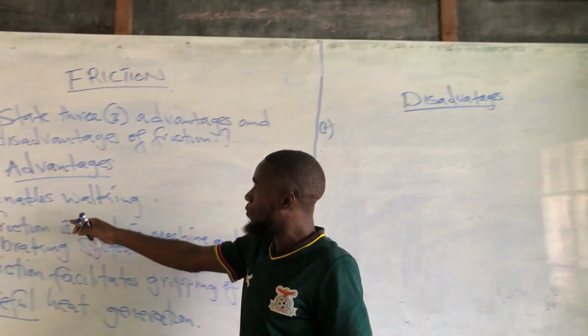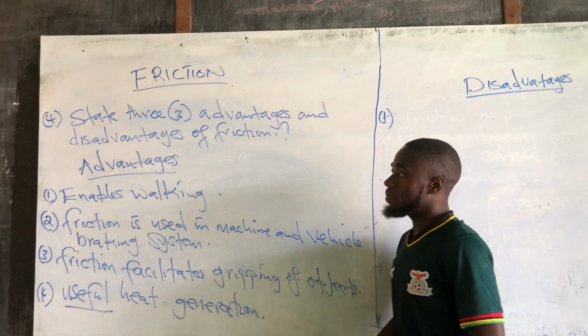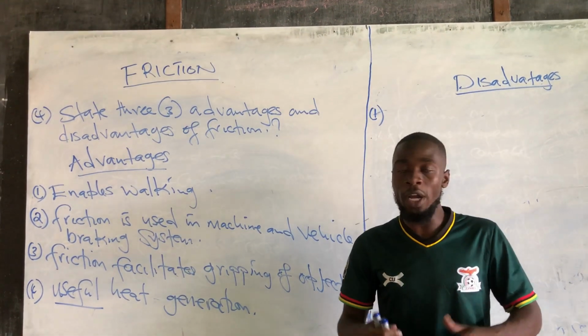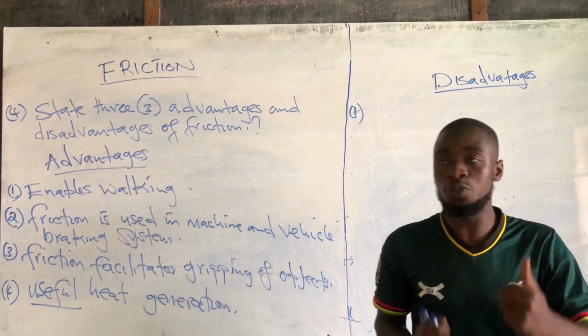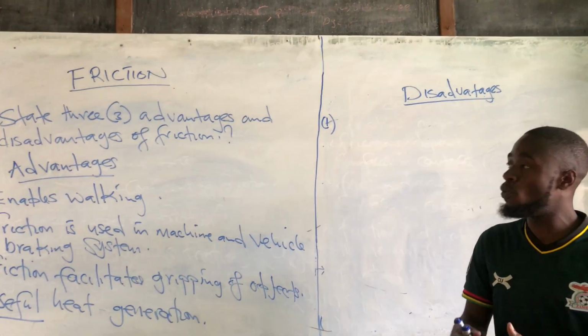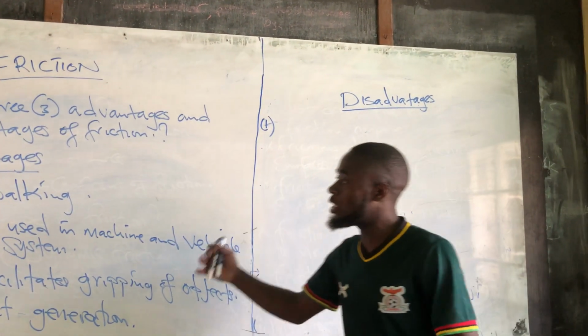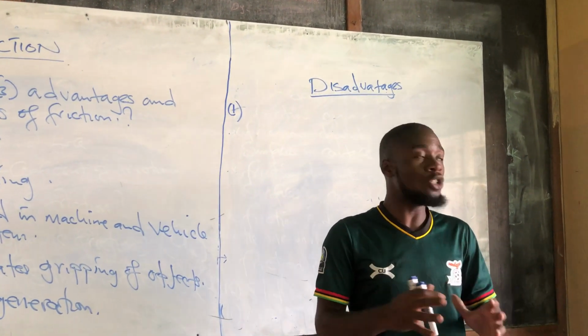So here we say that friction enables walking, right? But for you to move, for example, where I'm standing here, for me to make a movement, I have to push myself so that I move. And at a certain point as you are moving, you get tired. Do you know why you get tired? Because there's a force that is opposing you in front.